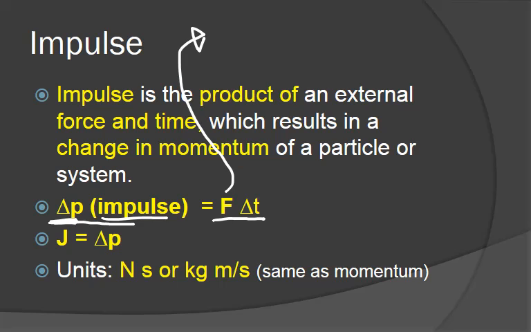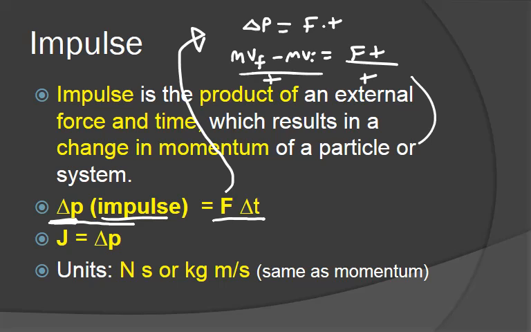If we have, change in momentum is force times time. Change in momentum is mv final minus mv initial equals force times time. So if we divide both sides by time, we get force equal to mv final minus mv initial over time.